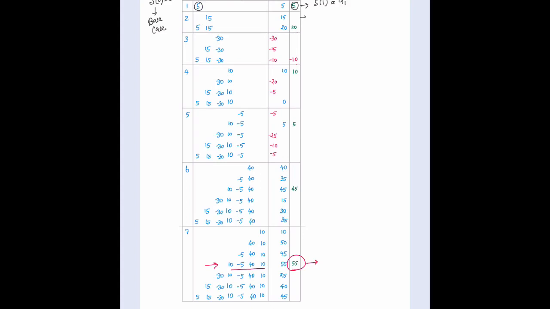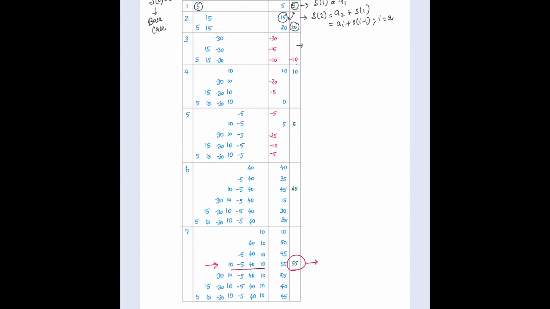When you take a look at the second element, the max sum is 20. And this 20 can be arrived at by adding A2 with the sum that we have in S1. So I'll write S of 2 as A2 plus S of 1. We can also write this as Ai plus S of i minus 1, where i is equal to 2.